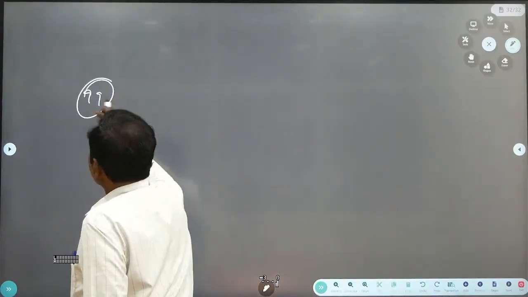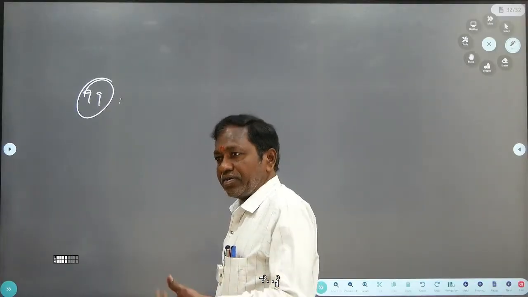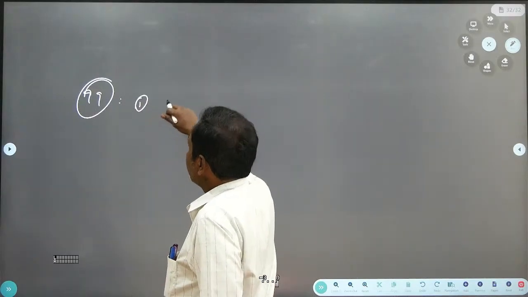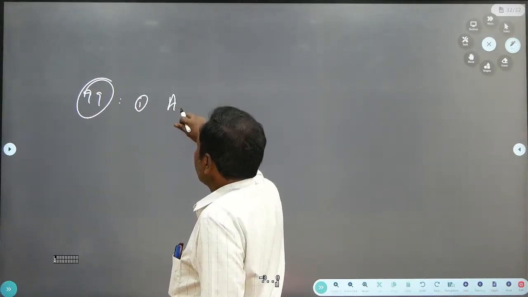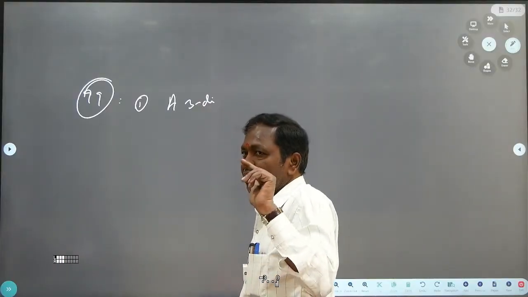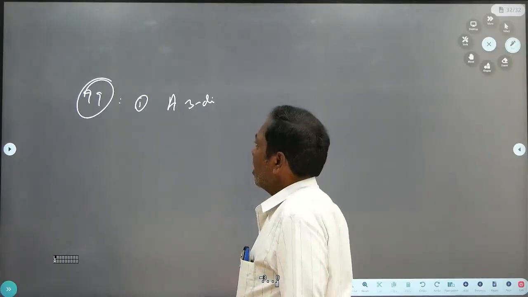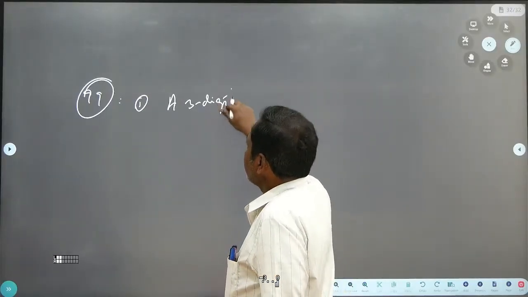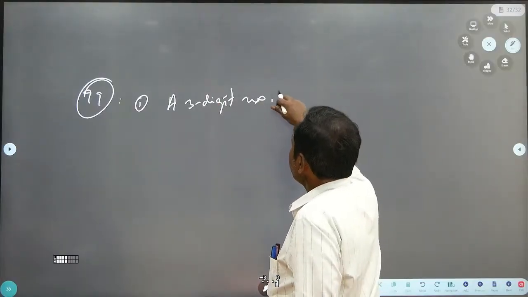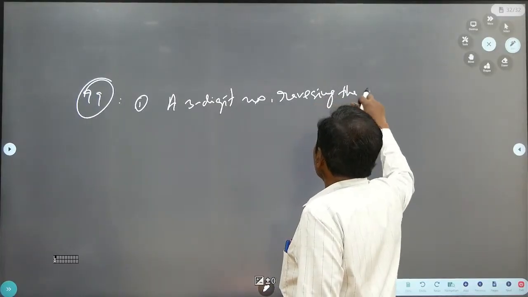For 9 we spoke about 2-digit numbers, and here we talk about 3-digit numbers.